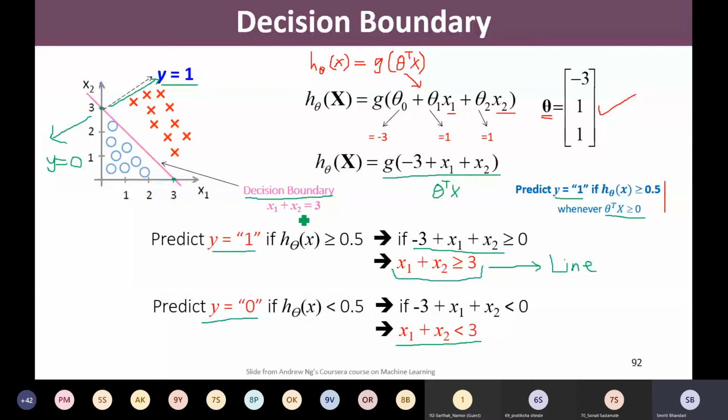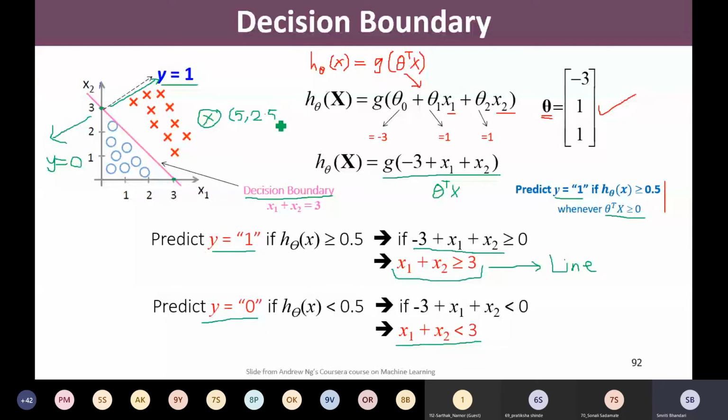This is our decision boundary. Let us assume that I have come up with one sample here, this unknown sample. This sample has an x1 feature value of say 5 and an x2 value of say 2.5.